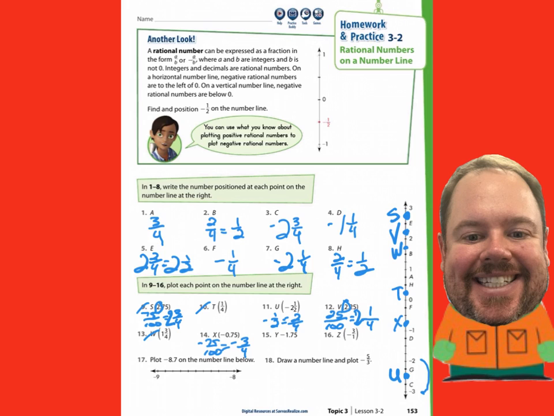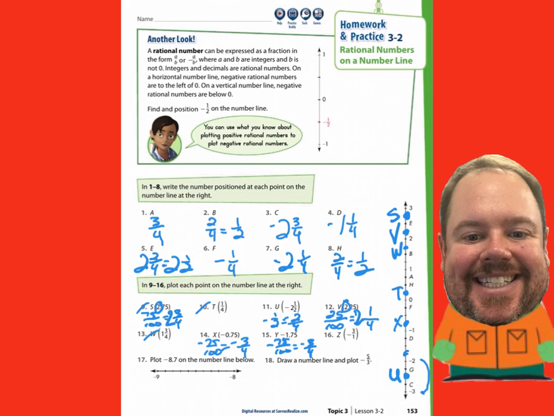Then we have -1 and 75/100ths. So if we have 75/100ths, negative, that is equivalent to -3/4. So Y is going to be negative 1 3/4. So I find negative 1, 1/4, 2/4, 3/4.